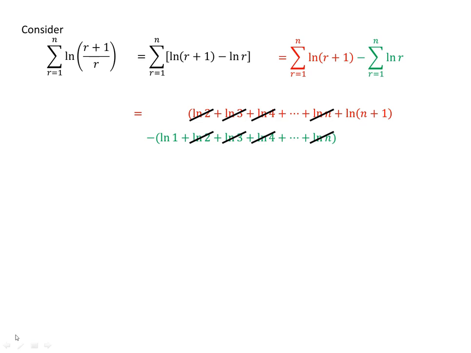So almost all of the terms have cancelled out yet again, and all we're left with that hasn't cancelled out is the logarithm of (n plus 1) from the first summation, take away the logarithm of 1 from the second summation. But of course the logarithm of 1 is just 0, so that is therefore the logarithm of (n plus 1).